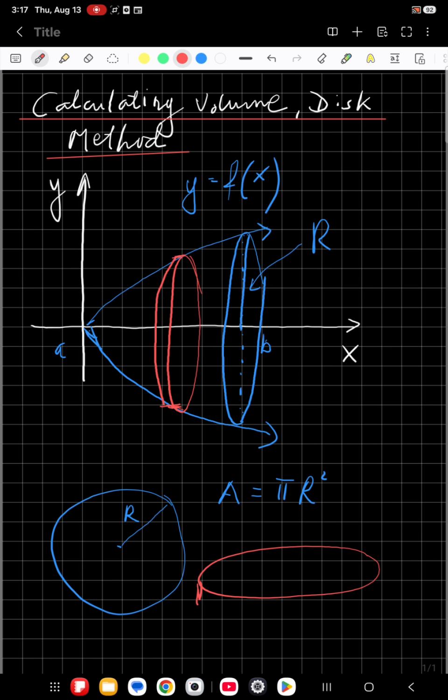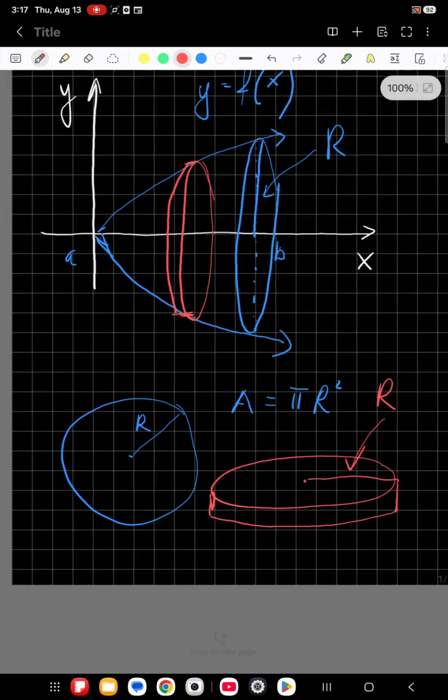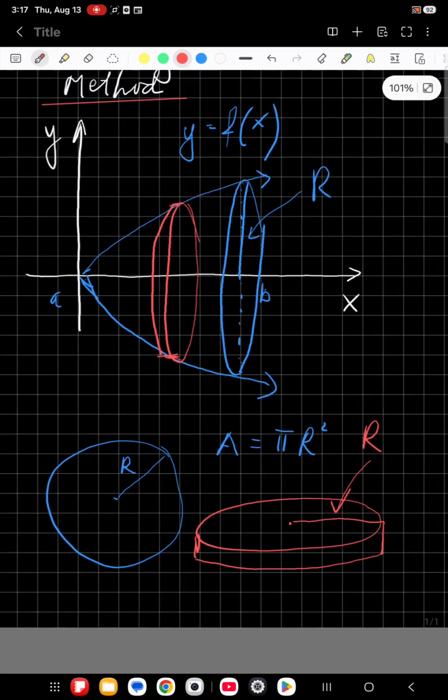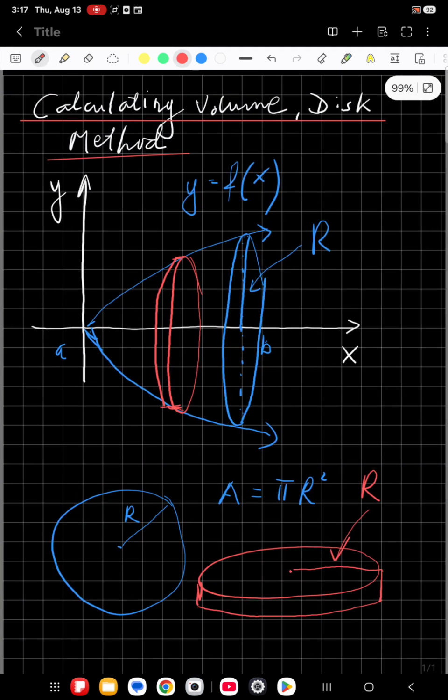So it's a disk. Right now you can see that it's basically a cylinder. That cylinder has a radius. It's the same radius, I mean, not the same, but... Now to calculate the volume of the disk, I would simply take the area and multiply it by the height of that disk.